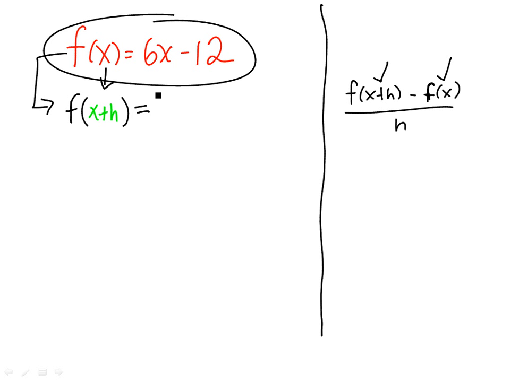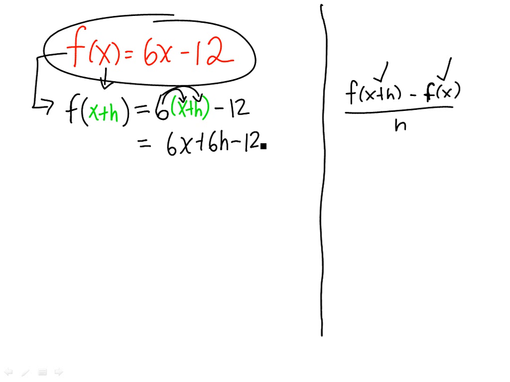Therefore, we'll bring down the 6, but we are replacing the x with x plus h. The only thing changed from the first function to the second one is that we replace all of the x's with x plus h. Let's simplify. 6 times x plus h is 6x plus 6h minus 12. Great. We're done with that piece.